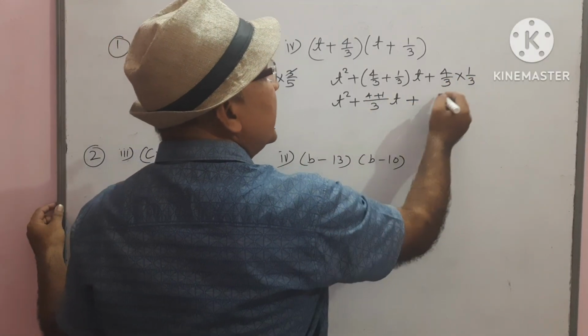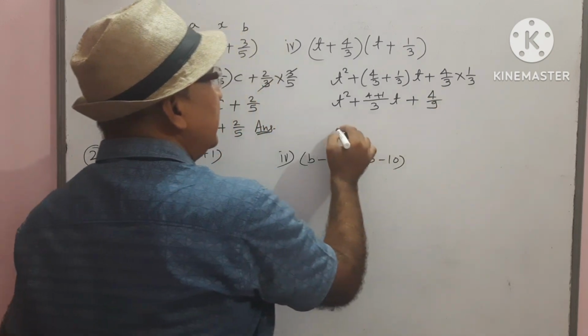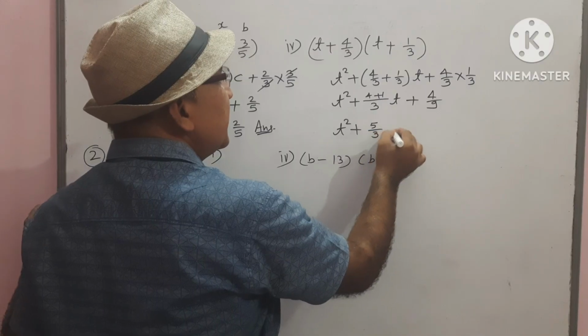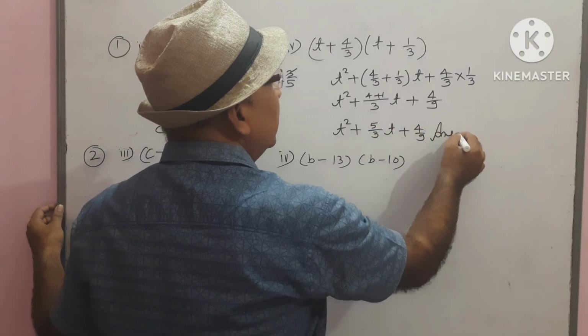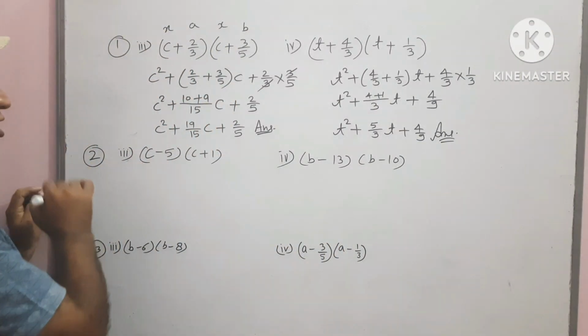Plus 4 is multiplied by 1 becomes 4, 3 into 3 is 9. So your answer is T square plus 5 by 3T plus 4 by 9. Understood? Now question number 2.